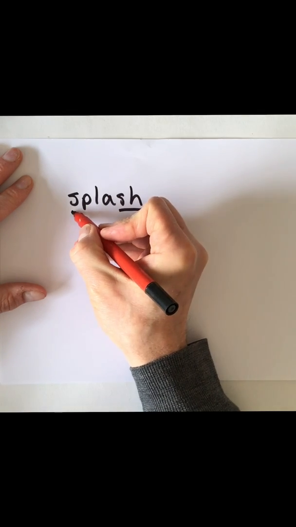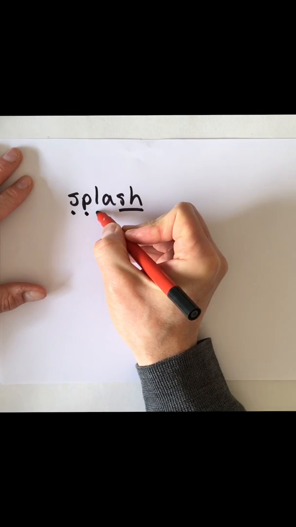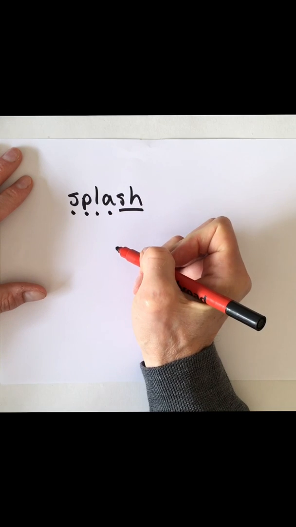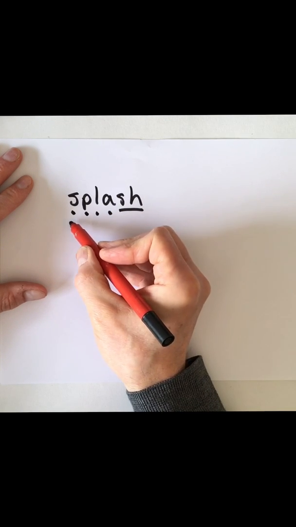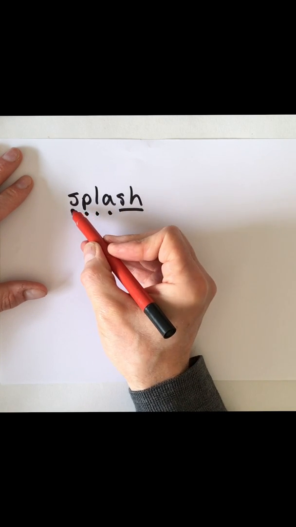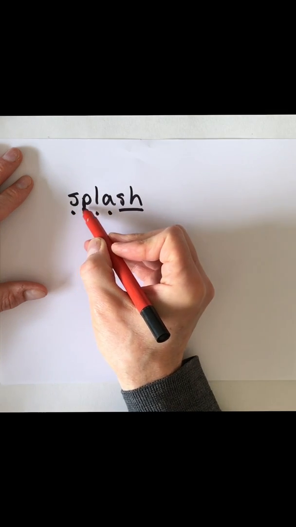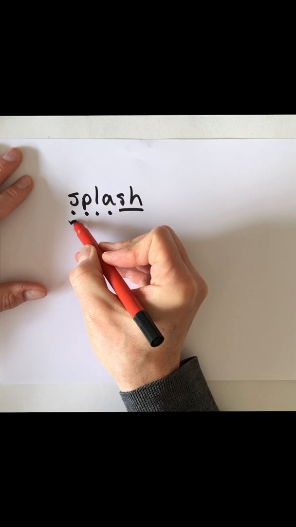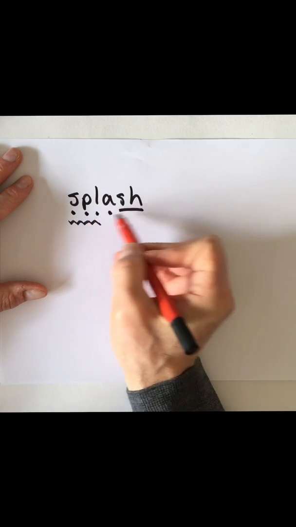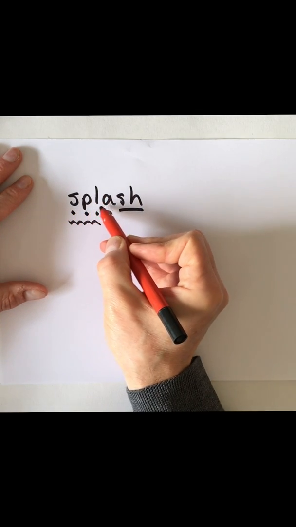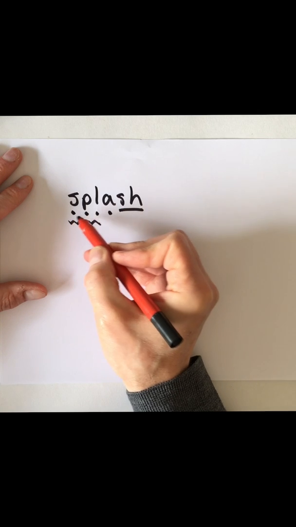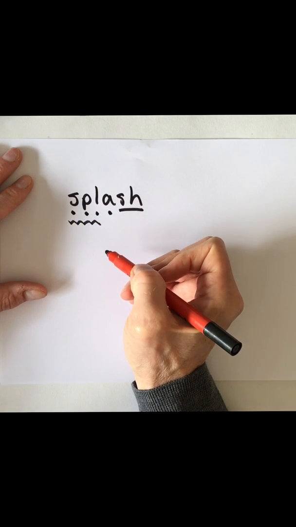And we've got the s, the p, the l, and the a. What we also look for children to do before they actually break down the word is look for blends or single sounds that can be put together or blended together. And we can clearly say we've got the spl there. So we can actually glue that bit together. So when they start building this now, they've got splash, splash. So 1, 2, 3, 4, 5 sounds.